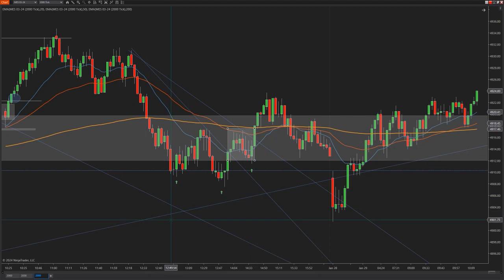I don't like it as much because the 50 and the 20 are heading down, and the price is not over them yet, but you get this strong candle here that closes above, and let's just say we did take that riskier trade.